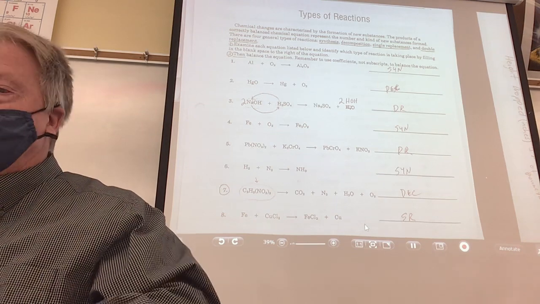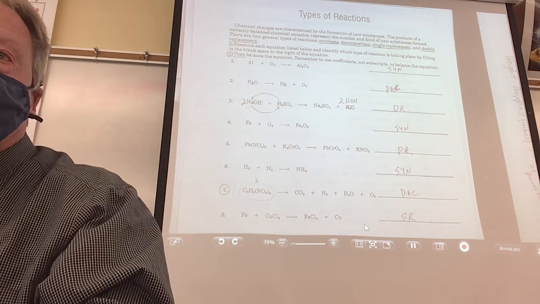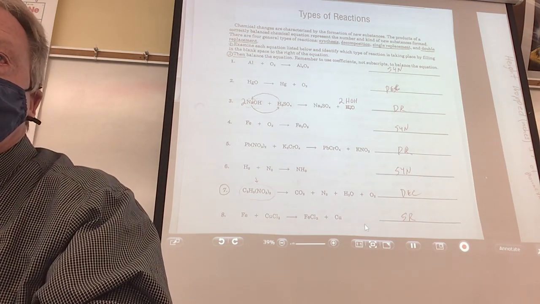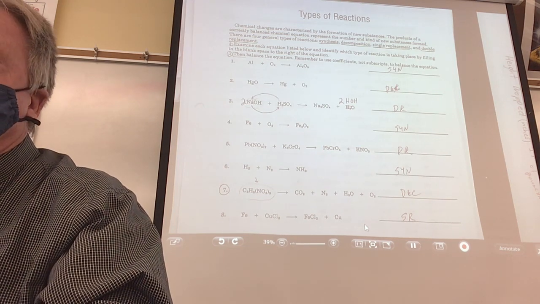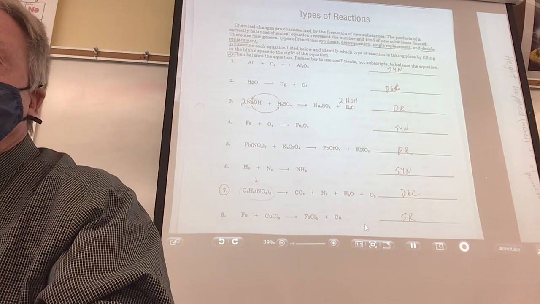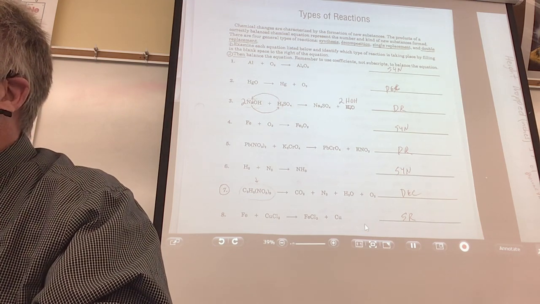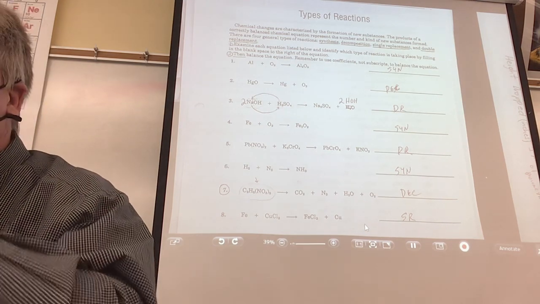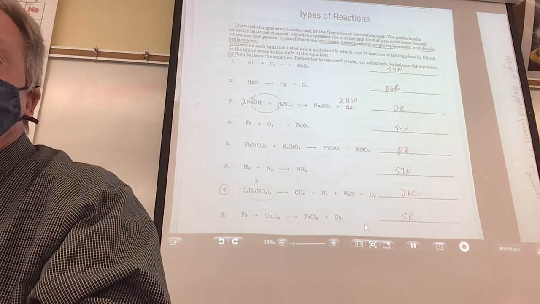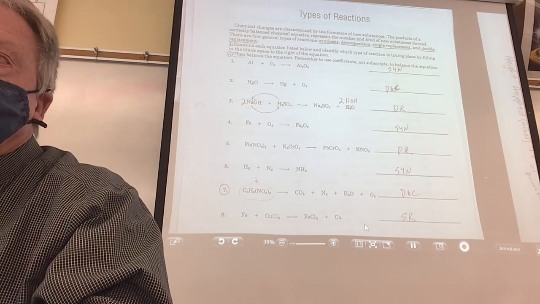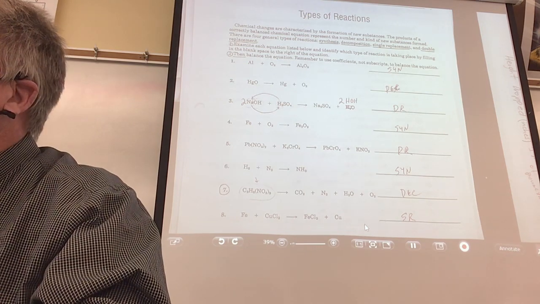You just balance it. Number 7 is going to be hard. Number 7 will be difficult for you. Nobody in the other class got number 7. I only gave them 5 minutes, but nobody in the other class did number 7. They couldn't figure it out. And if you want to talk to your neighbor, you can, or you say, no, I think I'll try it by myself.